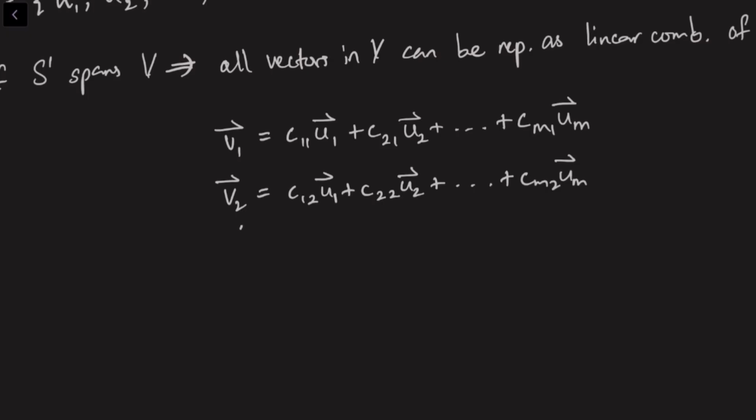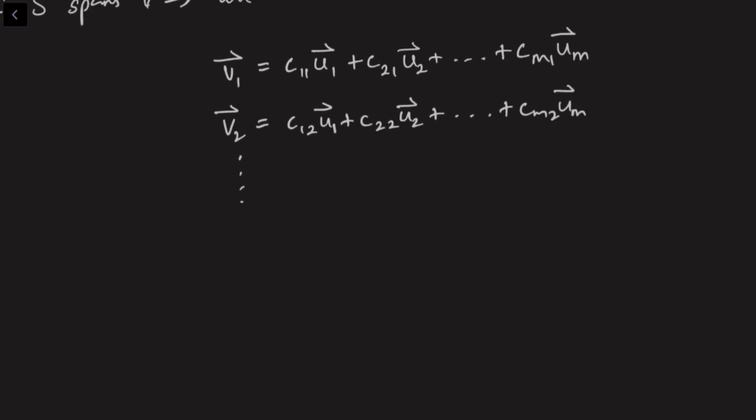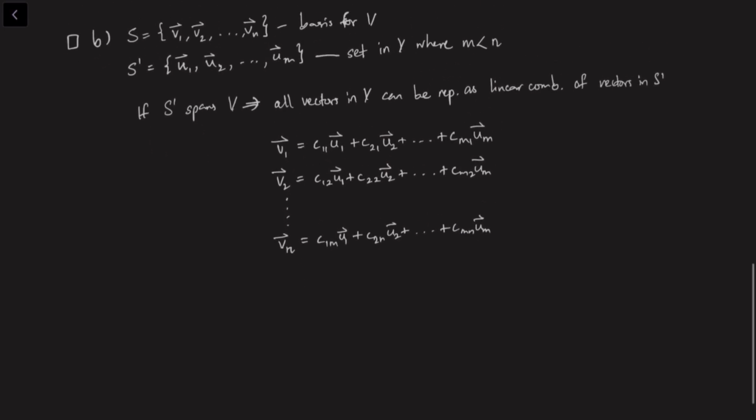So this will have up until vector vn, because there are n number of v vectors, right? This is similar to the last proof, where we will write out all the linear combinations. So we'll have something like this.